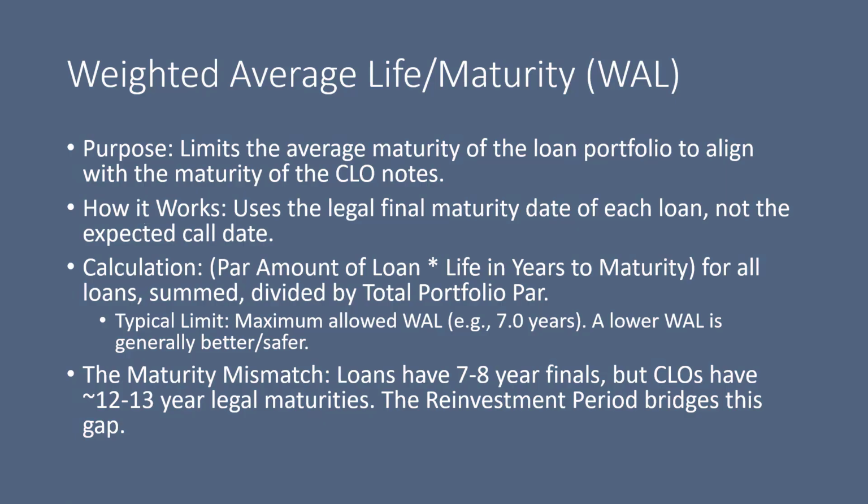So the WAL test uses the legal final maturity date of each loan to calculate a par weighted average life for the portfolio. The indenture sets a maximum, forcing the manager to avoid a portfolio that matures on average too far in the future. This helps ensure the portfolio can be repaid in an orderly fashion to meet the CLO's own liability schedule.